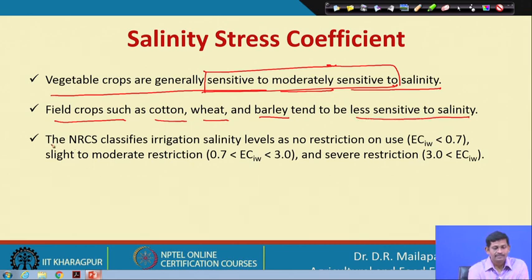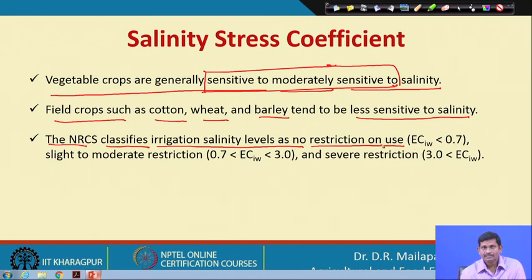The Natural Resources Conservation Service classifies the irrigation salinity levels, starting with no restriction on use. This is based on the irrigation water; the previous classification was based on soil salinity. Now this is based on the salinity of the irrigation water.